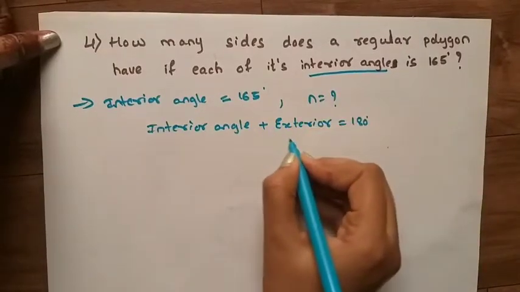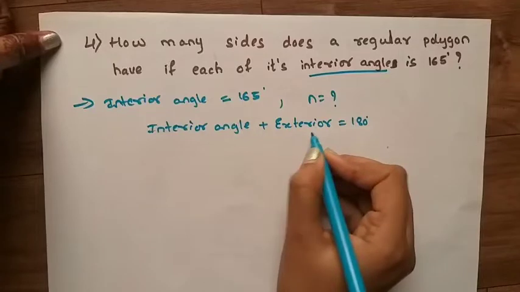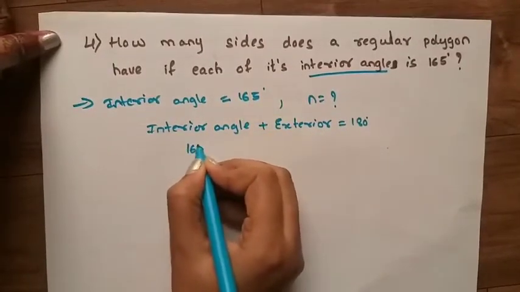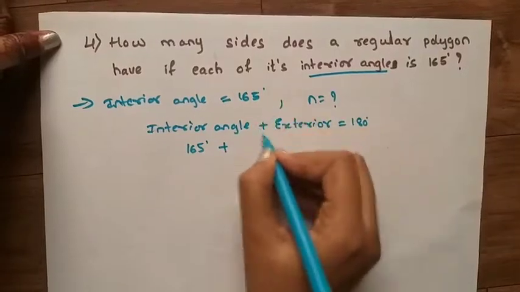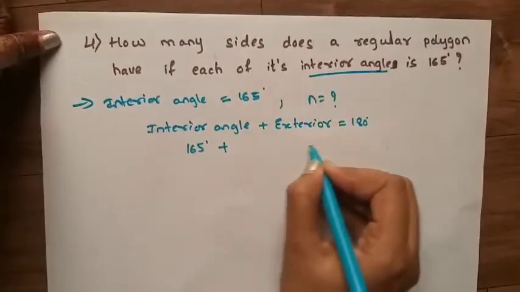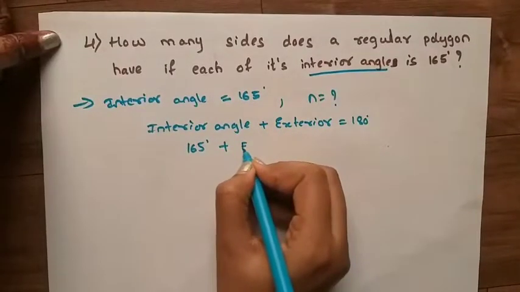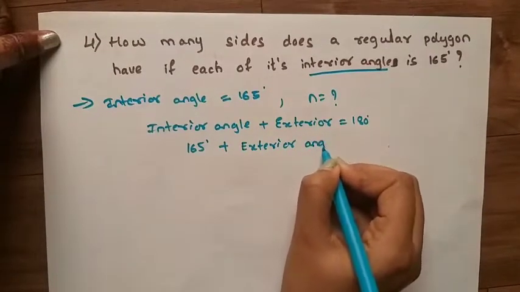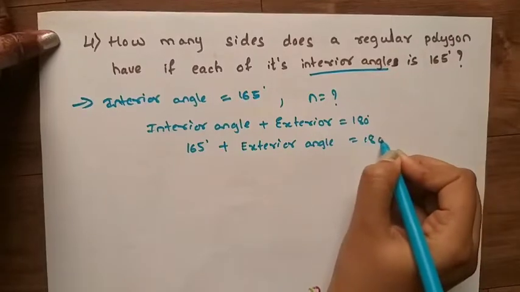Here we first have to calculate the exterior angle. So keep the interior angle 165 as it is. We don't know the exterior angle, so we have to calculate it. Write the exterior angle as it is, which is equal to 180 degrees.